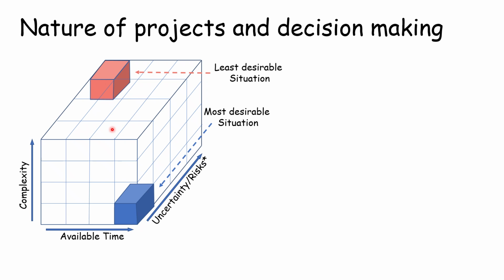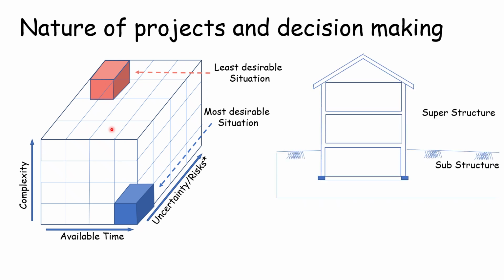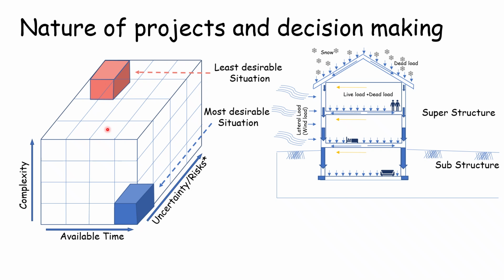Now, why do we need to take care of all these factors? Because a building is not simple, it is very complex. There is a substructure, then there is a superstructure. There are various types of load, whether it is live load, dead load, snow load, lateral load, or wind load. So we have to take care of so many things, so we cannot go very fast. But one must ask, what about the materials?